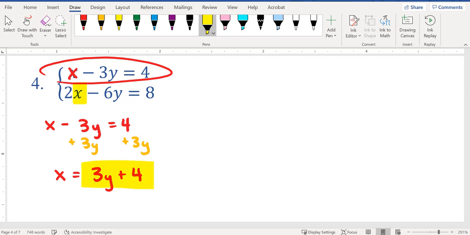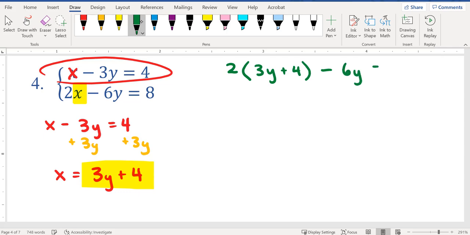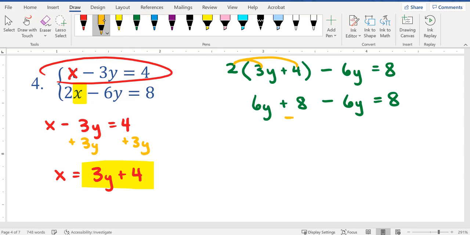Plugging 3y plus 4 in for x, I get 2 times 3y plus 4 minus 6y equals 8. Distributing that 2, I get 6y plus 8 minus 6y equals 8. Subtracting 8 from both sides, and then combining the like terms.